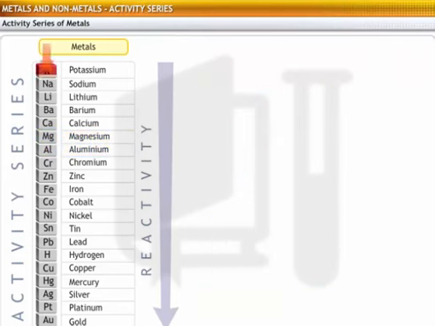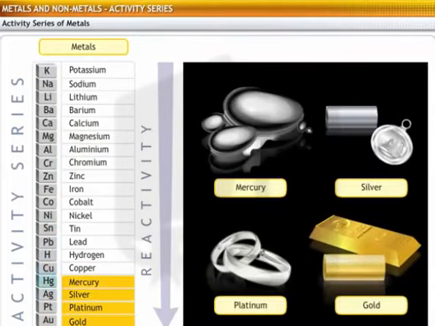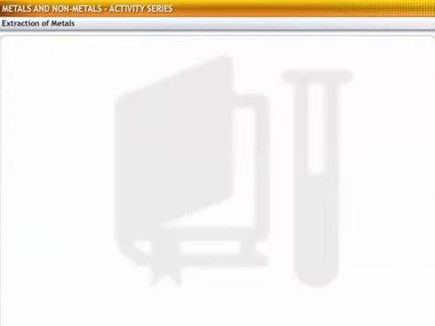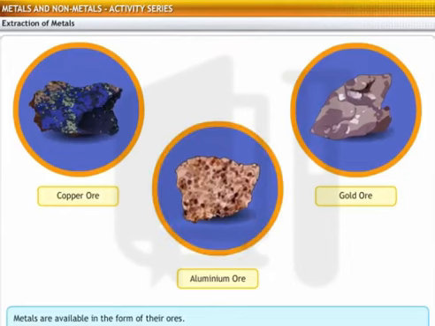Moving further down, metals that are placed below copper do not rust easily because of their low reactivity. A number of metals are available only in combined forms as ores. To obtain the pure forms of these metals, we need to extract them from their respective ores.